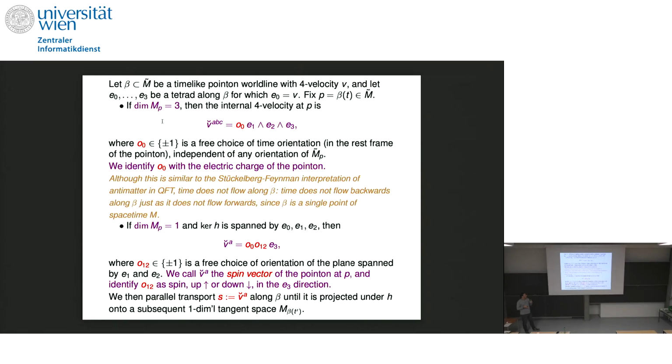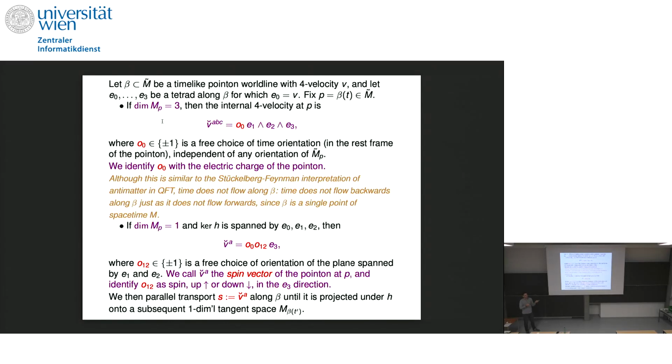So we then parallel transport the spin vector along beta until it is projected under H onto a subsequent one-dimensional tangent space. So this spin vector we get from a one-dimensional internal tangent space. If we have this line, and it goes this way or this way, that's the spin.